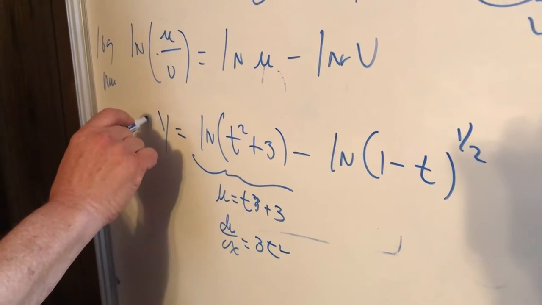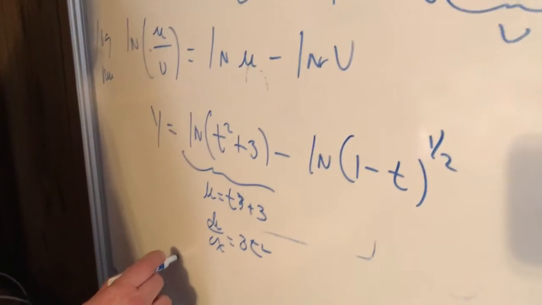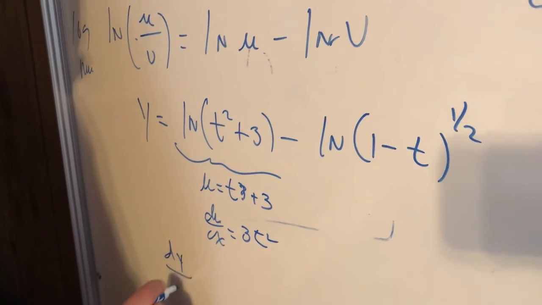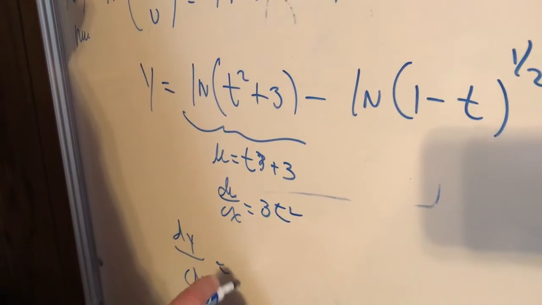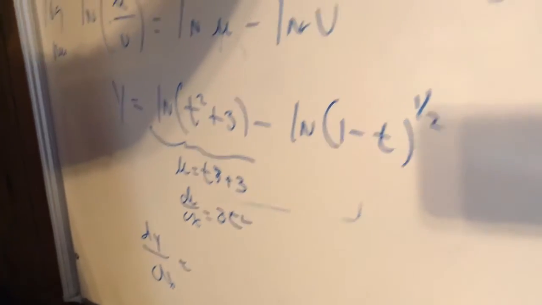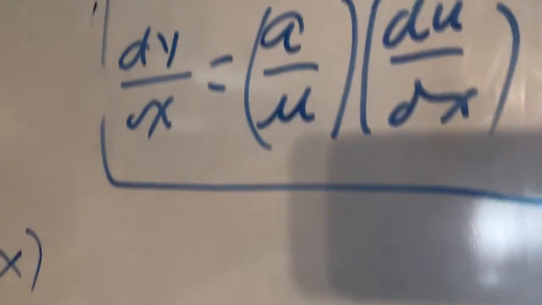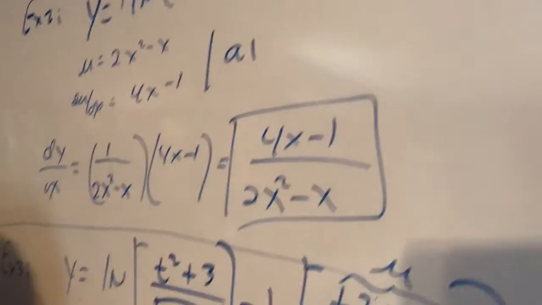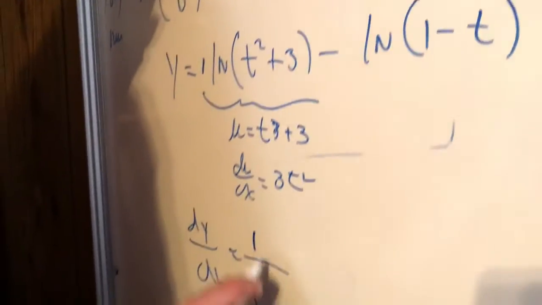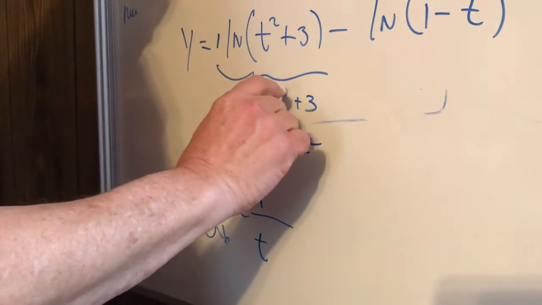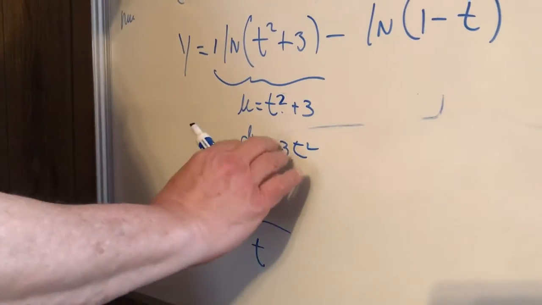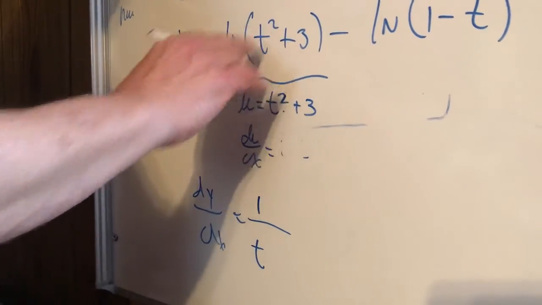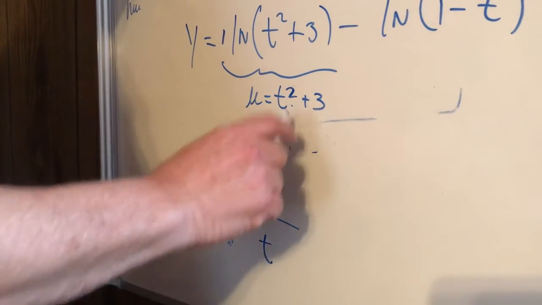So we're going to take the derivative of this with respect to t, which is going to be a over u, where a is 1 here. So it's going to be 1 over u, which is 1 over t squared plus 3. Okay, I'm sorry, that's my fault. I wrote that as a 3. The derivative of t squared is going to be 2t.